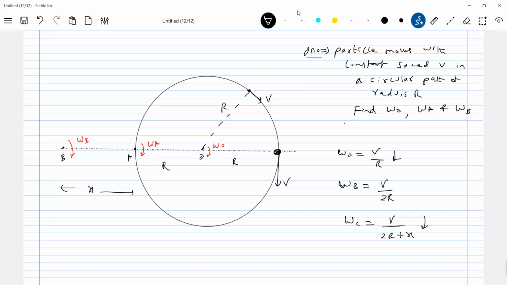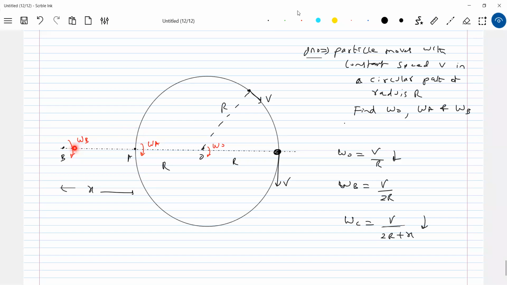Sir, with respect to B, it will be in circular motion, right, sir? No, see, if you stand at O, you feel it's moving in a circular path. If you stand at B, at one point it will be at a distance of 2r plus x, when it is passing at A, at that instant.